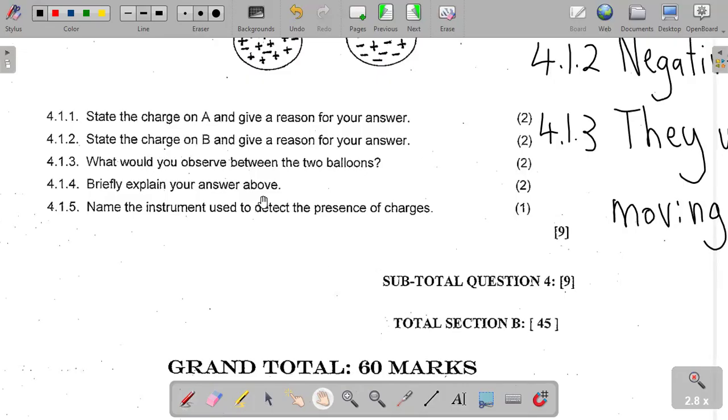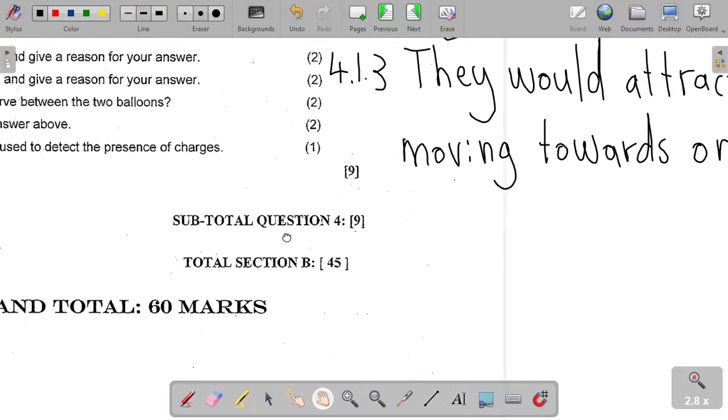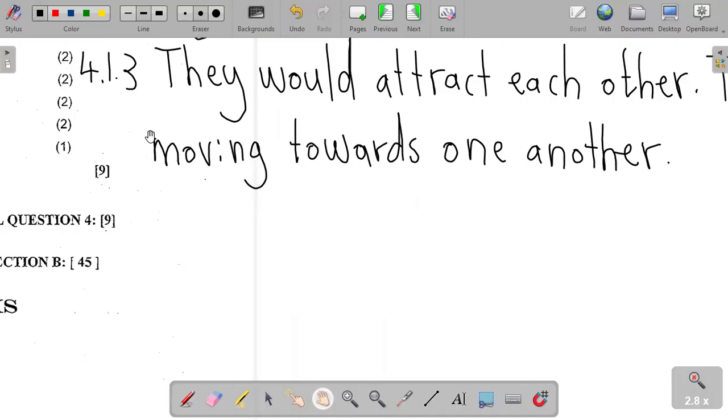Briefly explain your answer above. So we use the charges to explain.